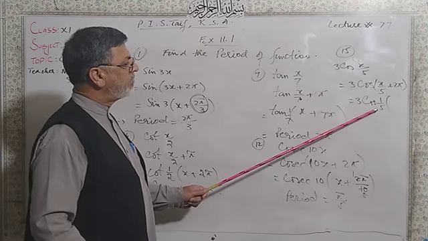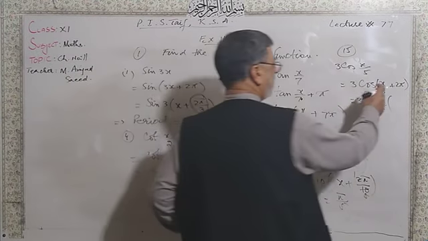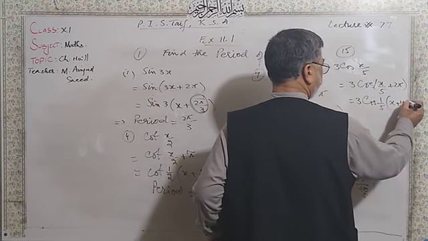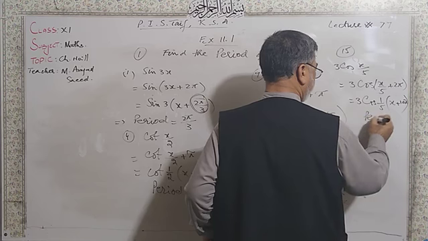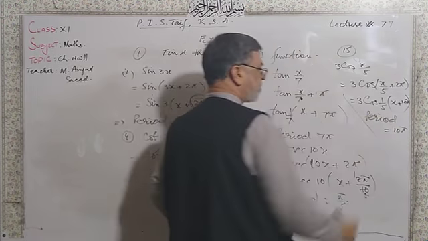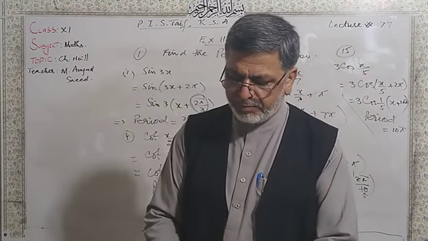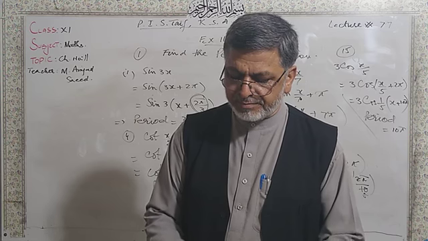Here you are dividing with 5 and inside you will multiply by 5. Here is x plus 10 pi. So what is the period? Period is 10 pi. Dear students, that was your exercise 11.1.